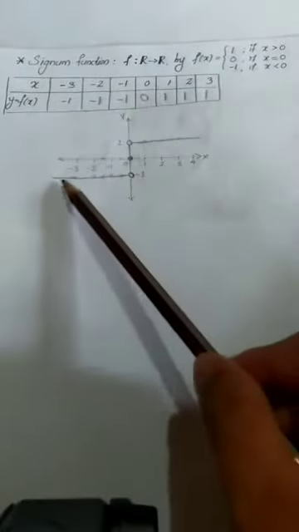For every positive real number, we will get the image equal to plus 1, and for every negative real number, the image is equal to minus 1. If x equals 0, the image is 0, not 1 or minus 1.